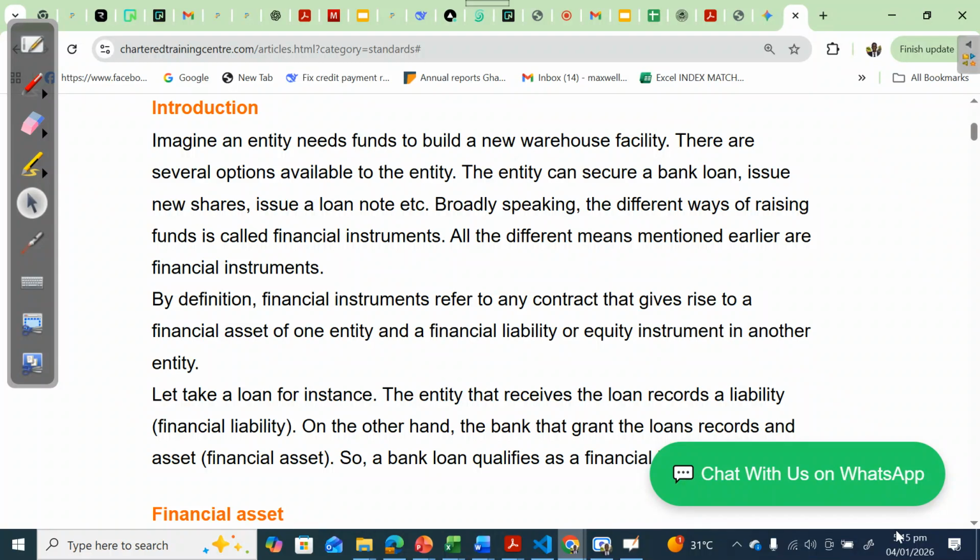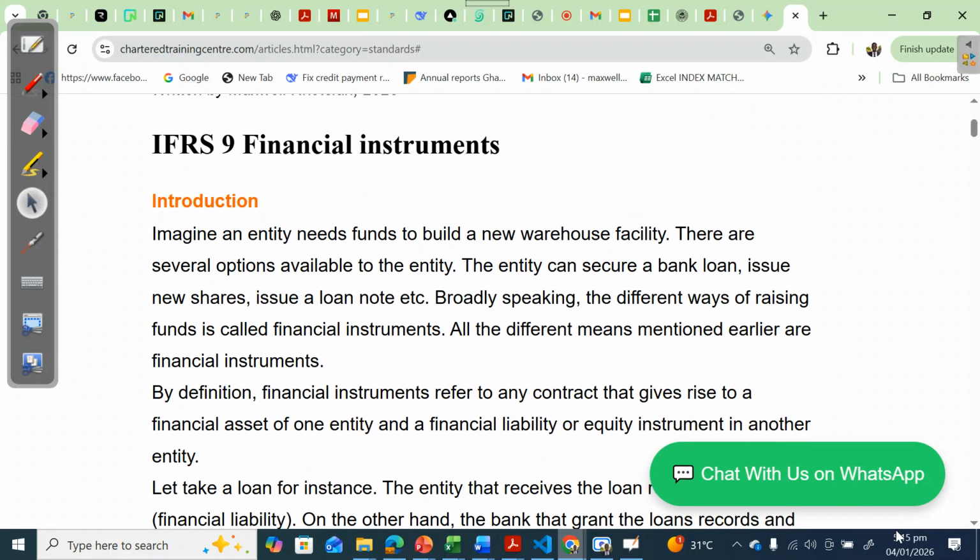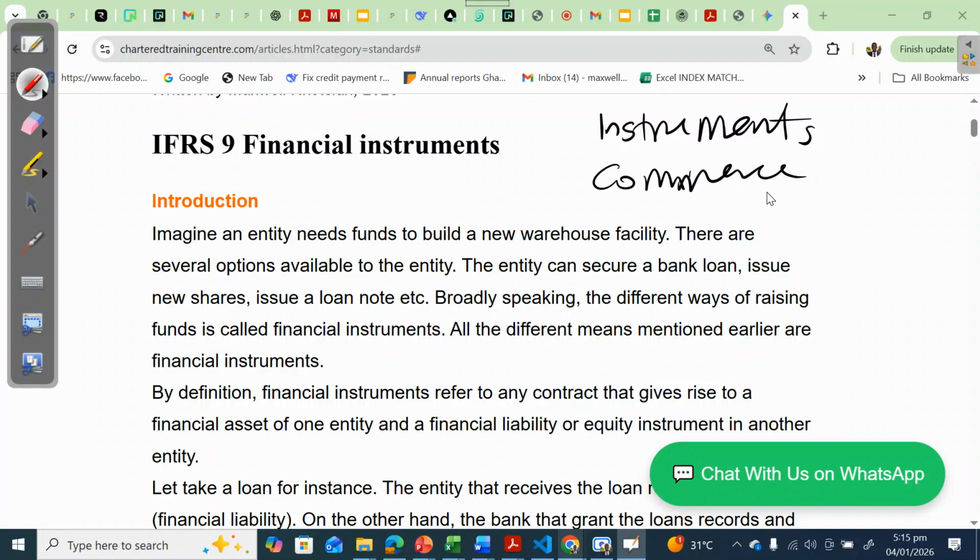Now, financial instrument, what is it? I'm sure we've come across it on several occasions. A financial instrument is an instrument used in business transactions or in the world of commerce to either raise funds or make an investment.